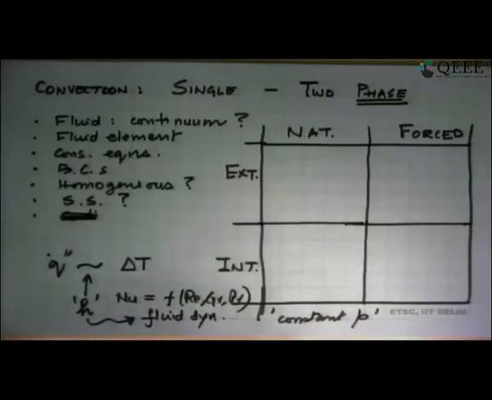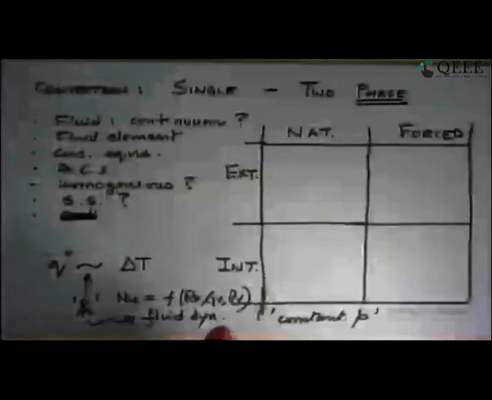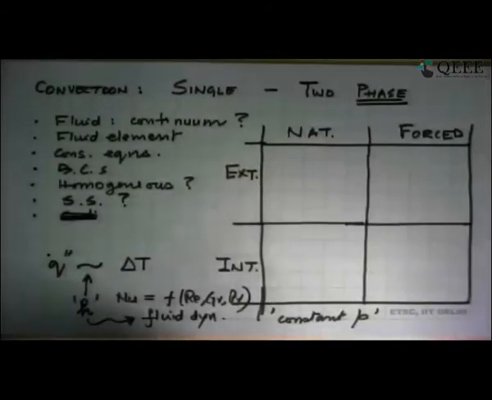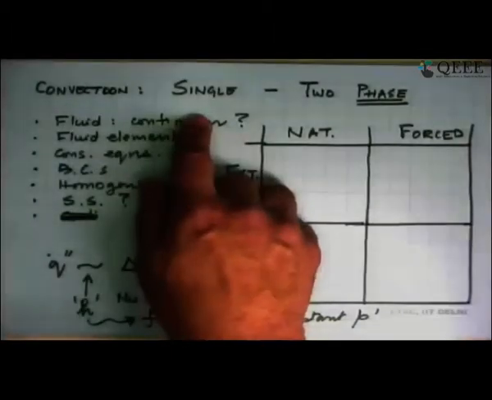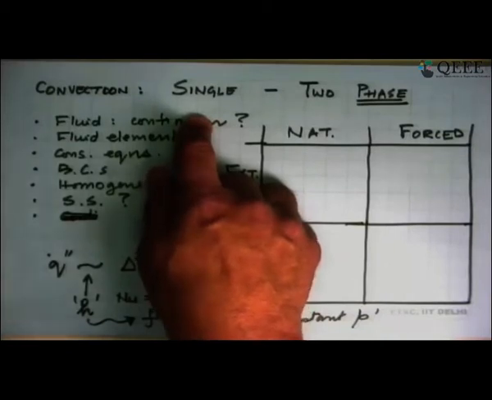And now I'll contrast that with what's going to come up now in boiling, and then later on in condensation. Both boiling and condensation are phenomena where there is a phase change. And that is why it is different from what we have learned so far in single phase transfer, that if we had a liquid state, it was a compressed liquid, which before and after heating remained a compressed liquid.